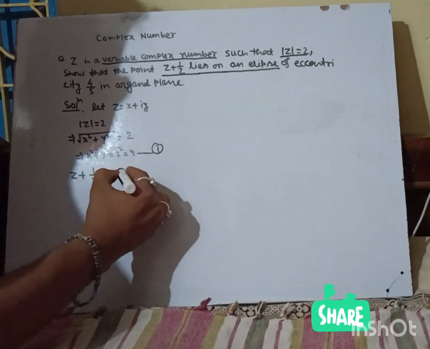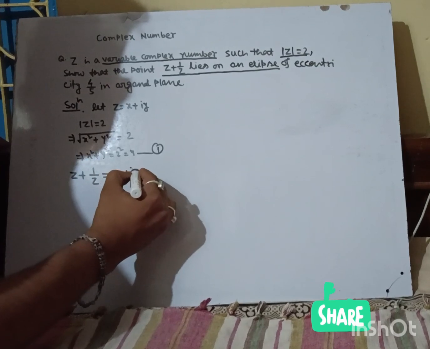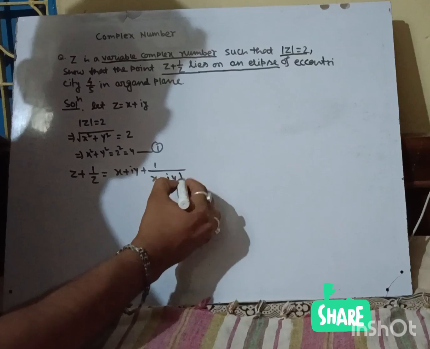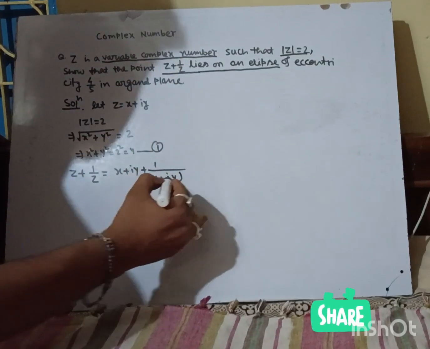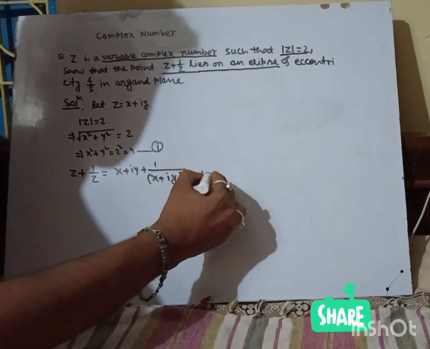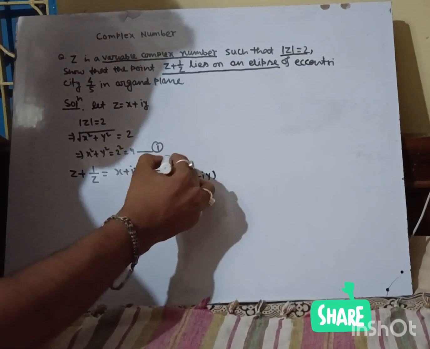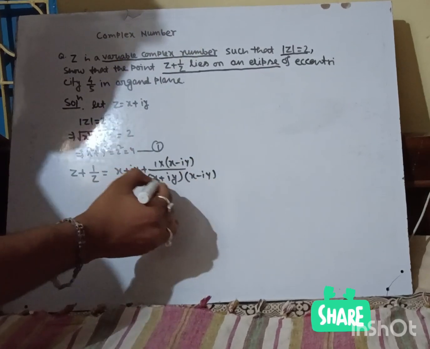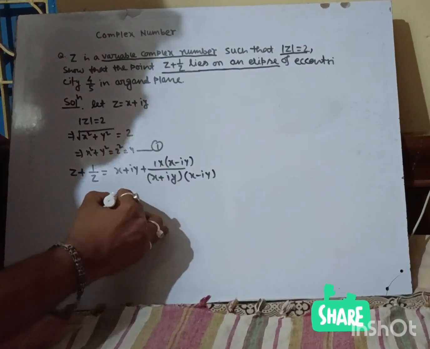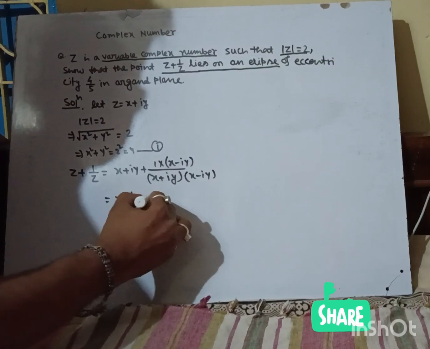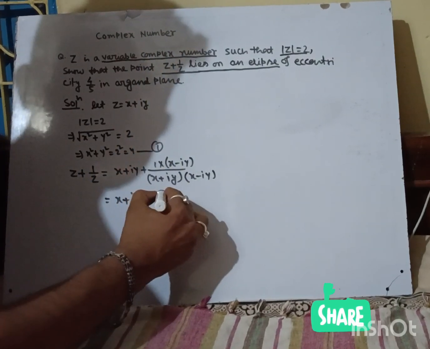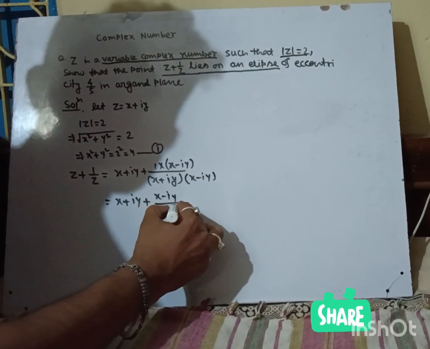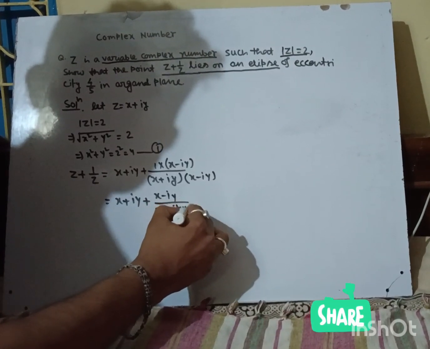This means x plus iy plus 1 by x plus iy. Now the conjugate of x plus iy is x minus iy. We multiply the numerator and denominator by x minus iy, that is the conjugate of x plus iy. Then we get x plus iy plus x minus iy over the denominator x square minus i square y square.